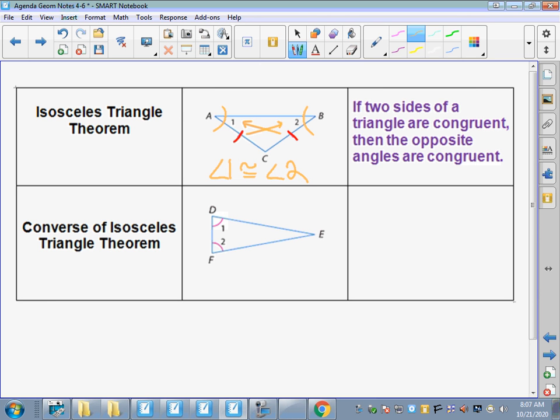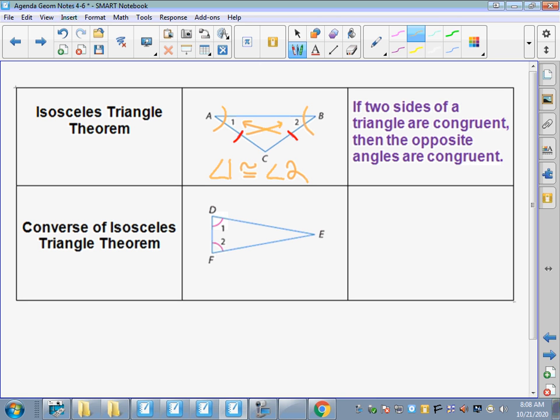I see a lot of setup for equations for that. Maybe they'll have it marked just like that, with just the congruent sides, and they'll say angle 1 is equal to 2x plus 15, and angle 2 is equal to 3x minus 21. You'll need to know that angle 1 and 2 are congruent, so you'll set those expressions equal to each other.